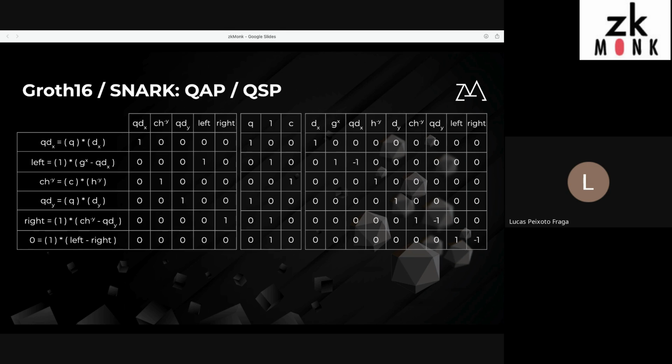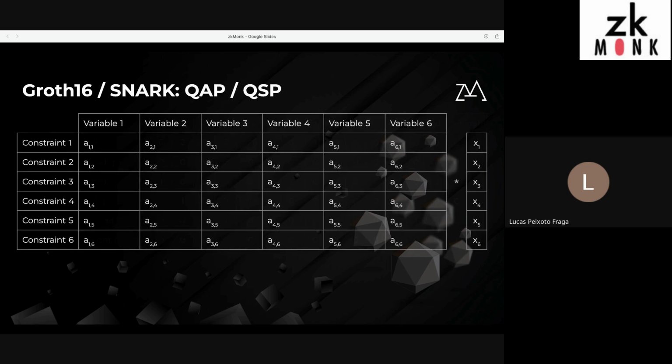So they must all have the same size, and it just wouldn't fit the screen. So I made this cleaner example here. These A values continue to be coefficients from the R1CS. But now we are multiplying this matrix of coefficients by this vector of solutions. So this value here is the value that this variable should take. This value is the value that this variable should take.